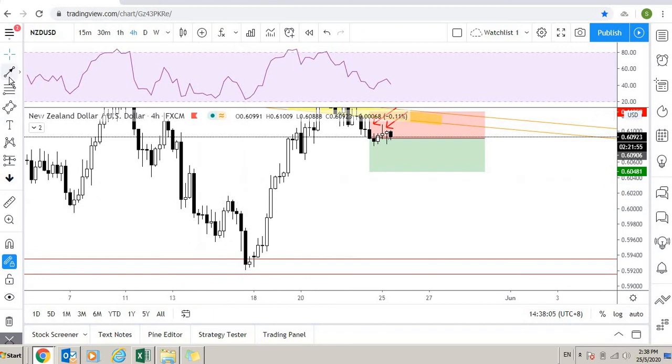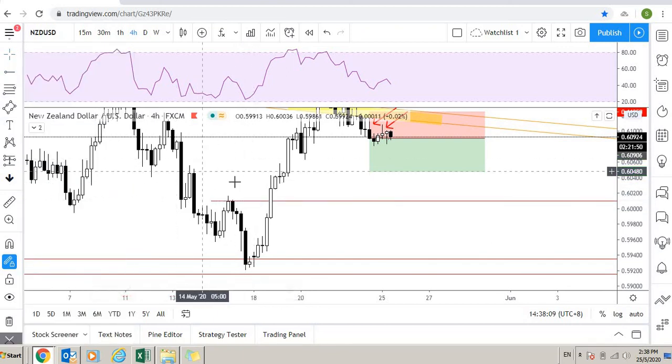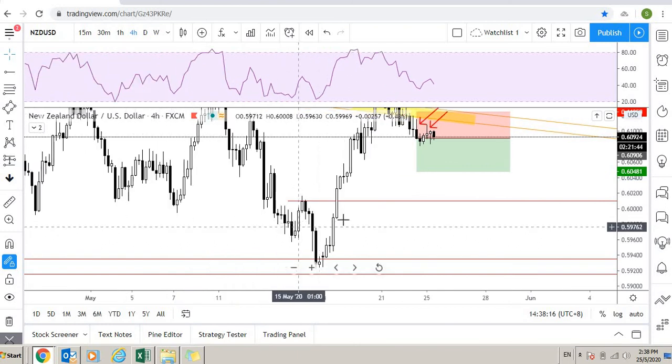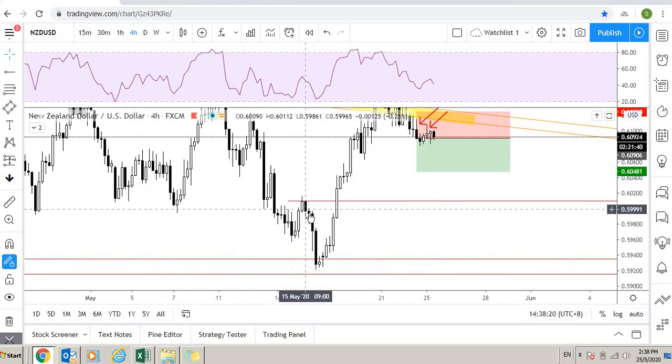The reason why I highlight this is because we can see this push is quite significant compared to the previous one. You can see this is the push. It's almost similar. It shows the strength of the sellers pushing down.